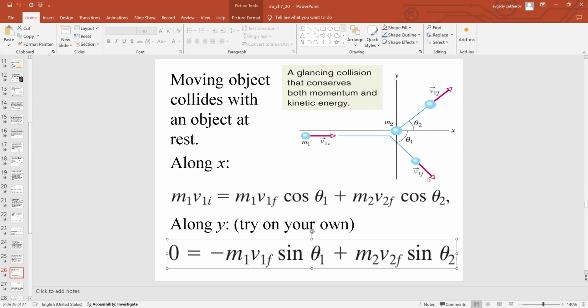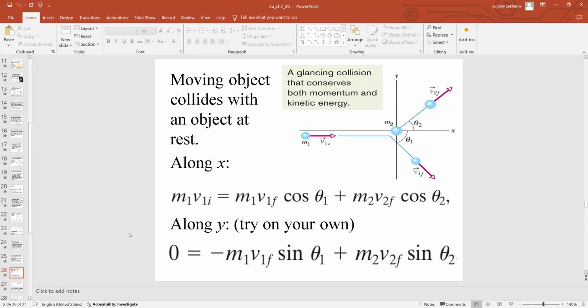And it's negative once again, because v sub 1 goes in the negative direction for the y-axis. Now the second ball goes upward, which makes it a positive component. So it's a plus m2v2. That's the momentum. And if this is theta, then this is theta. We're still looking at the side that is opposite to theta. So the function is the sine.